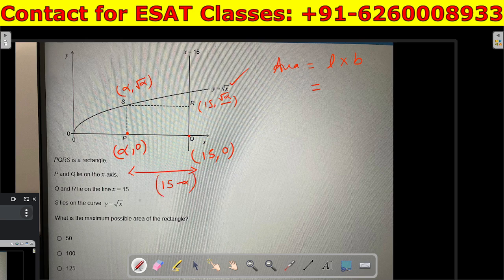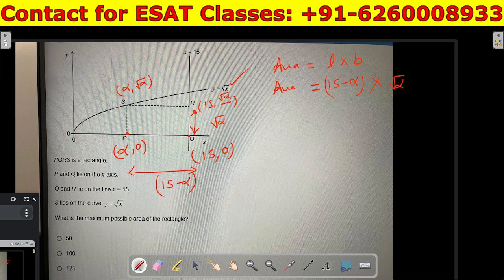So length is 15 minus alpha. What is the width? Width should be this one, and this can be written as root alpha. So the area is root alpha times (15 minus alpha).